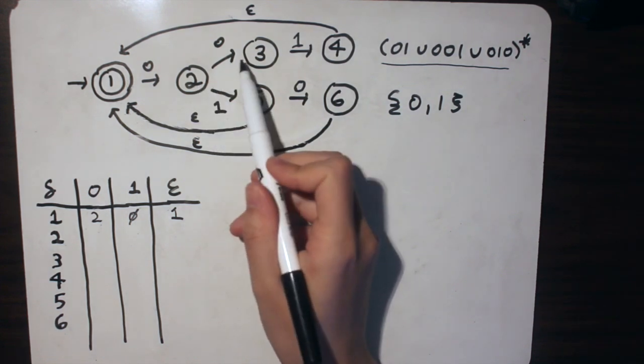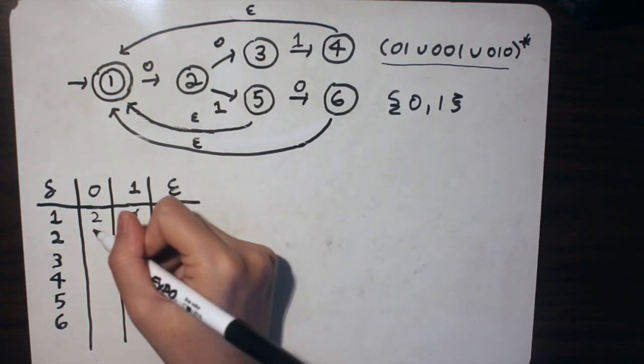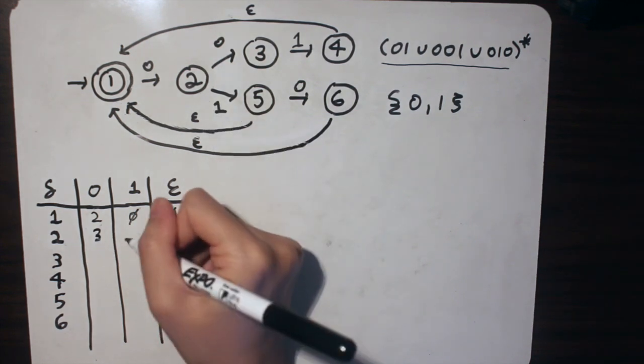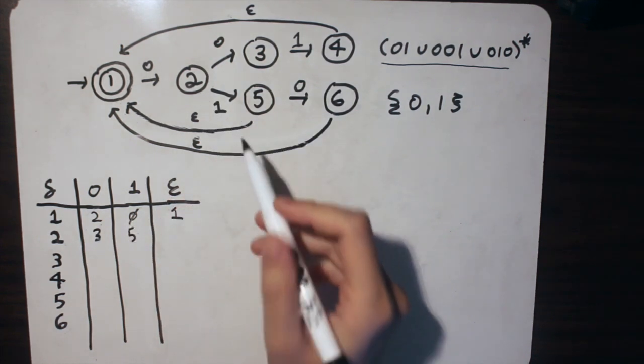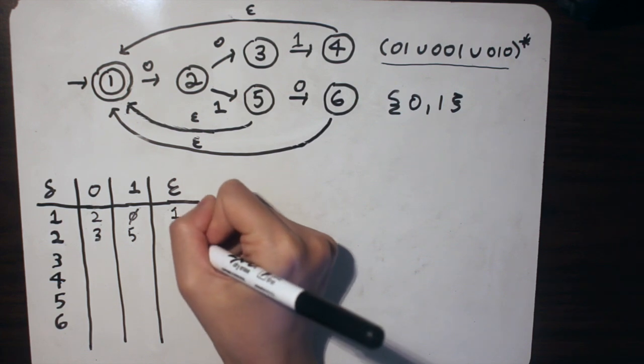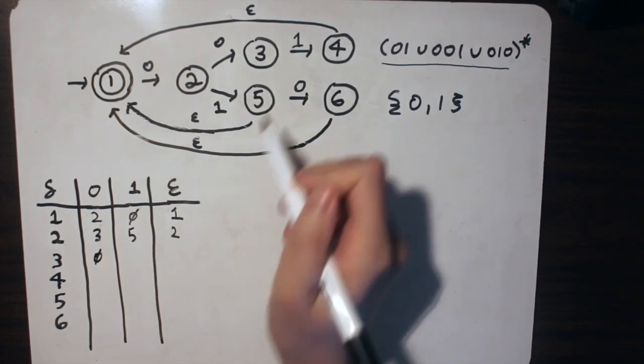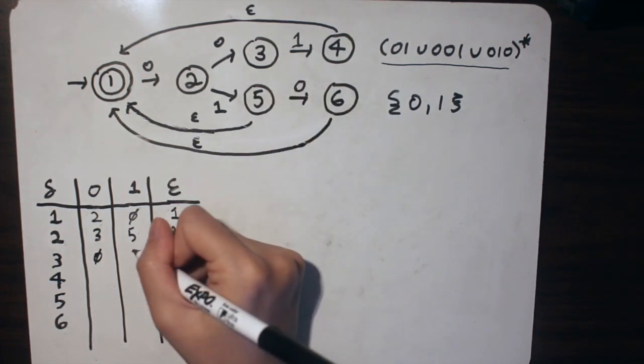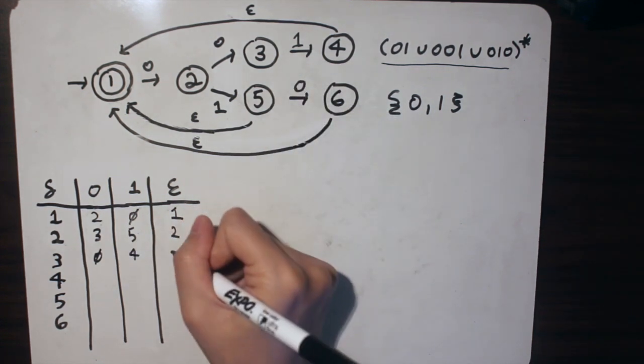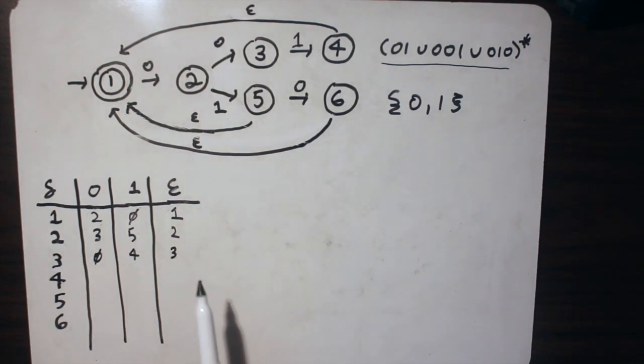So in state 2, on an input of 0, we can go to 3. On an input of 1, we can go to 5. Epsilon, no arrow, so we stay in 2. For 3, no arrow for 0, empty set. On an input of 1, we can go to 4, and we would remain in the same state on an epsilon.